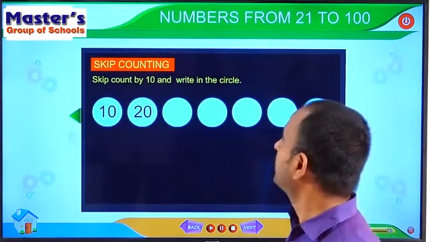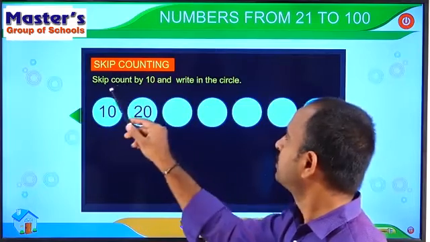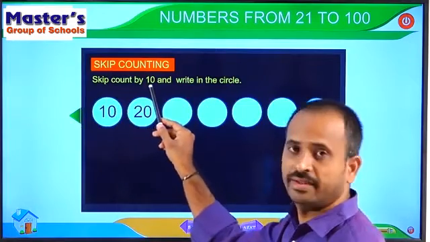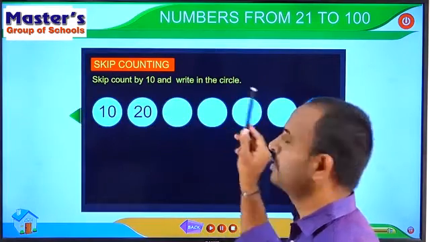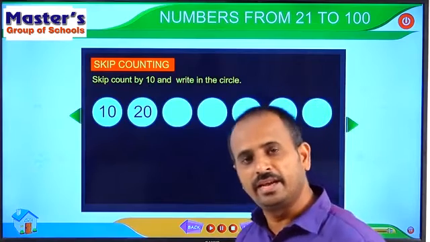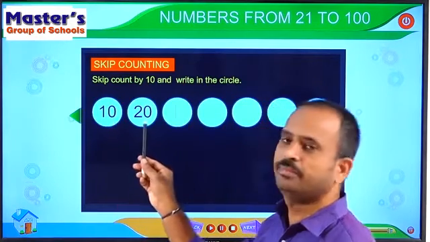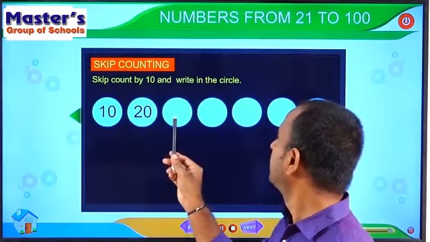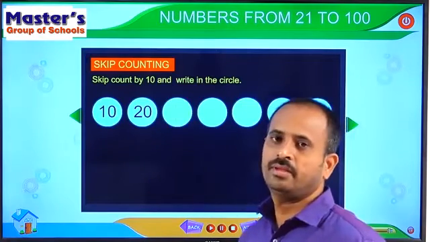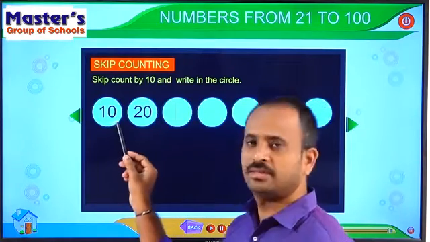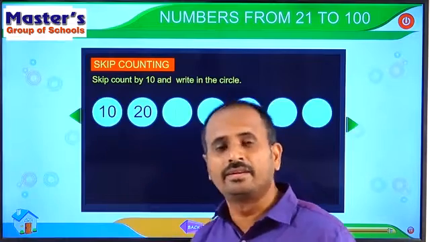And again, another example for skip counting. Here, skip count by 10 and write in the circle. Here again, we have to add 10 to each number and write the number in the circle. The first given number is 10, and add 10 to the 10.